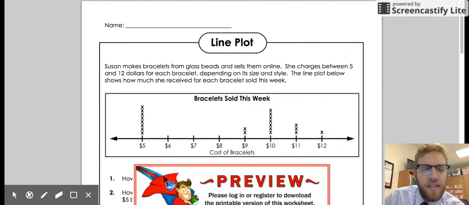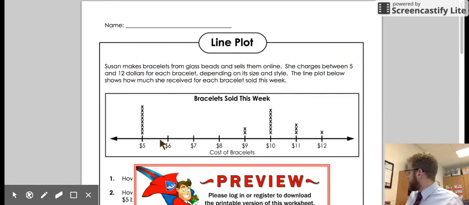And all these bracelets cost $5 each. Now when I come over, I see there's no bracelets that were sold that were $6, $7, or $8, but I can see when there were $9 bracelets being sold, it looks like two $9 bracelets were sold. Some $10, some $11, and some $12, which we'll go more into in our questions.